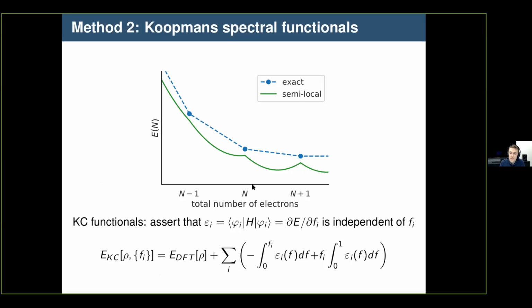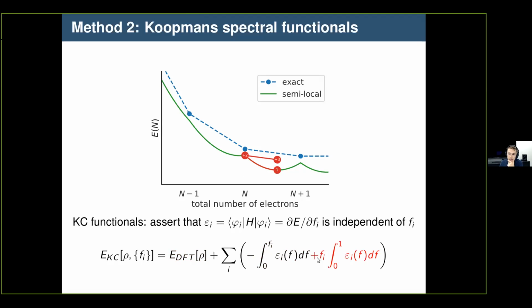And so if we imagine we've got this system here with n plus some fraction of an electron, then this is the DFT energy that I would get. What this first term here does is it traces me back along this curve from f of I back to the empty orbital.